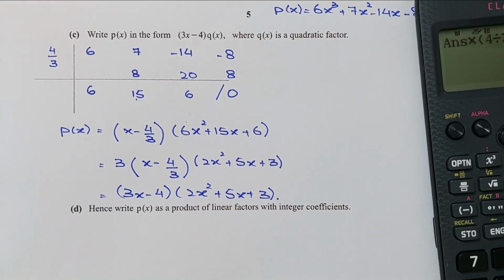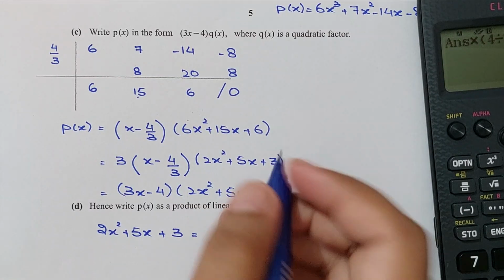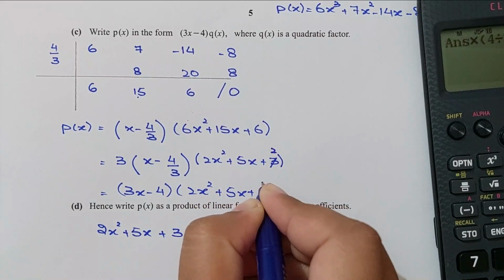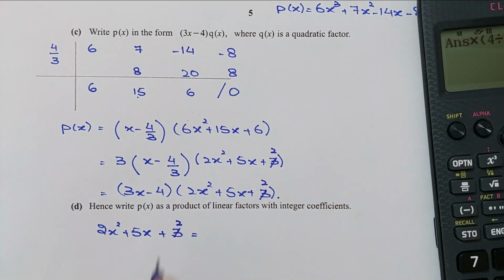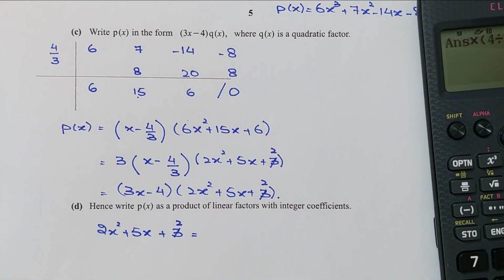Now for part D, hence write p of x as a product of linear factors with integer coefficients. So we have to factorize this, right? So if I can say 2x square plus 5x plus 2, let me simplify this. 2 times 2 is 4, 4 times 1 is 4, so 2x square plus 4x plus x plus 2.